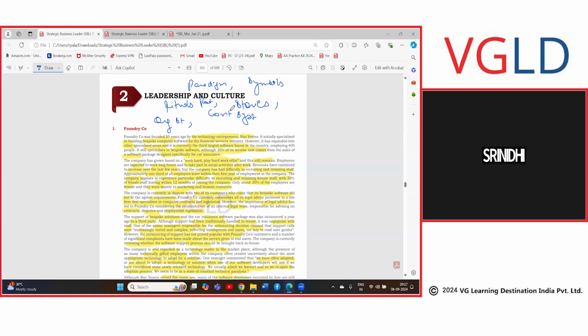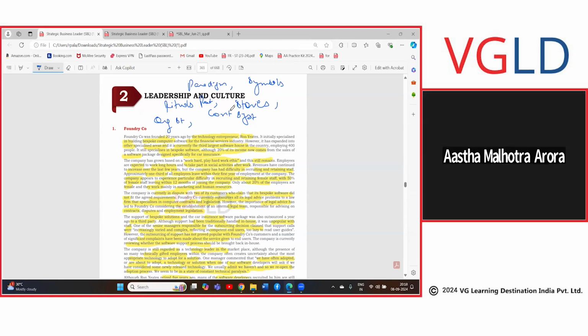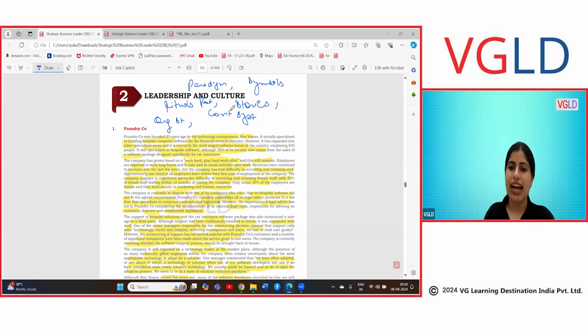Ma'am, I think it comes under rituals and routines. Yes, it should come. And under ritual and routine, something else can also be there. Long working hours. And again, we have the routine of this football match type of thing.